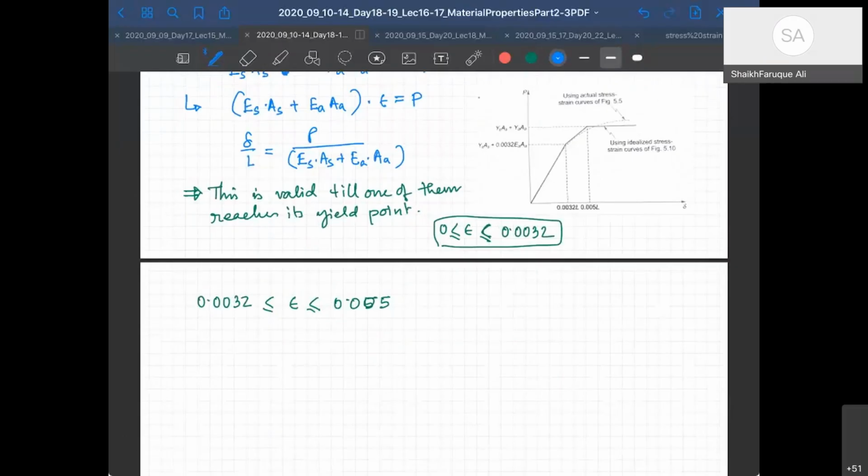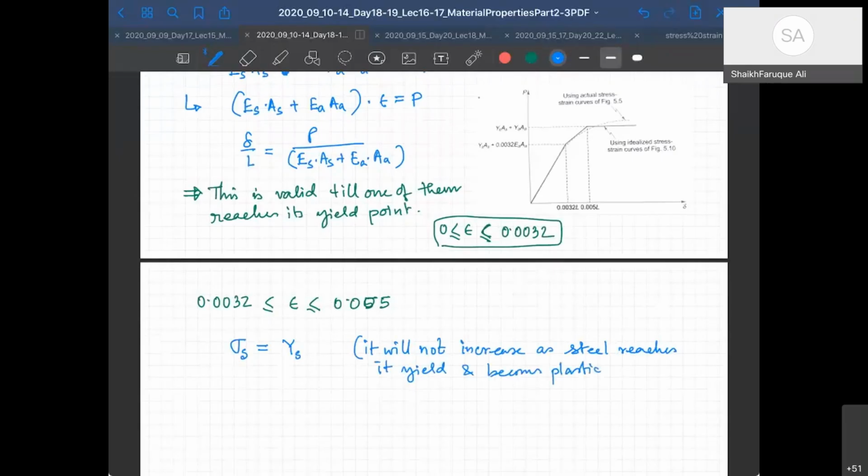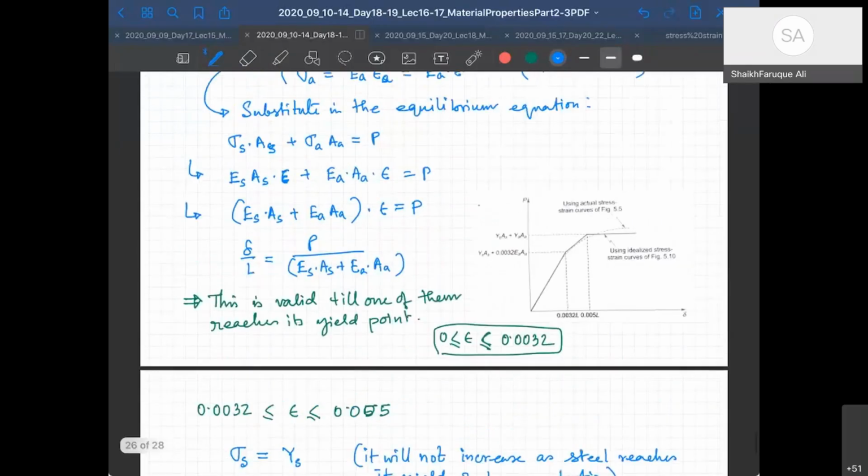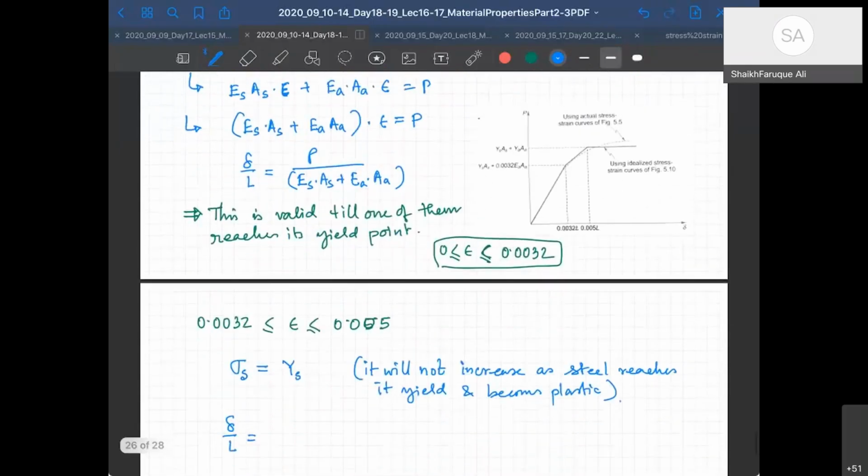So your sigma S will not increase anymore. Your sigma S will be your YS. It will not increase as steel reaches its yield and becomes plastic. Okay, so your sigma has become YS, so your delta by L relationship now becomes a little different.